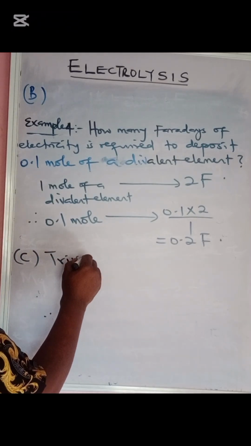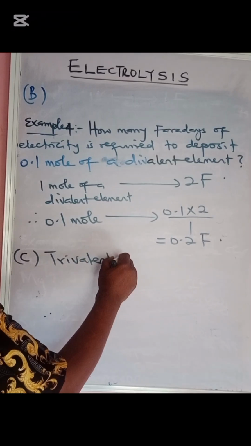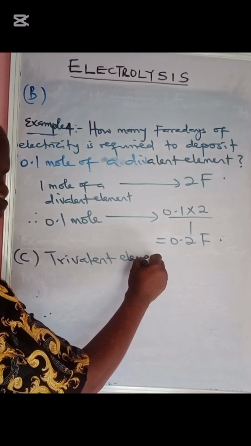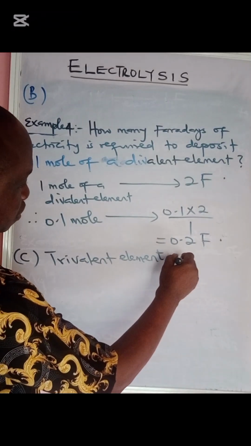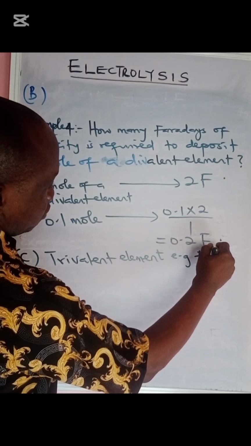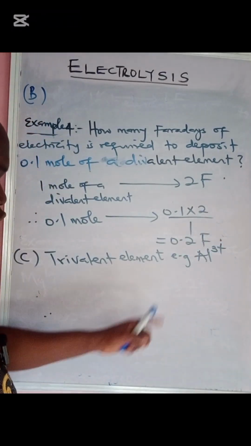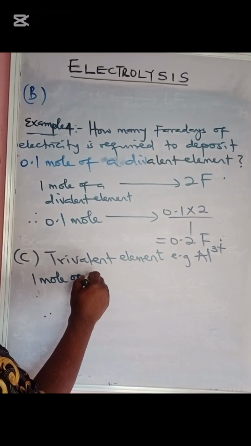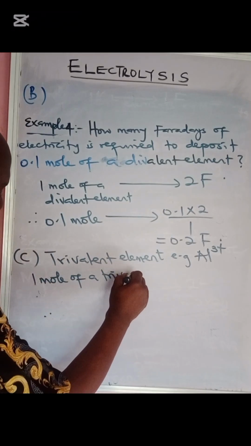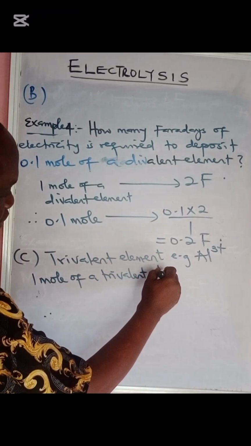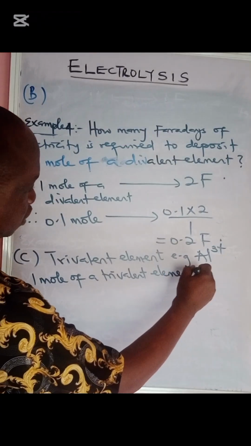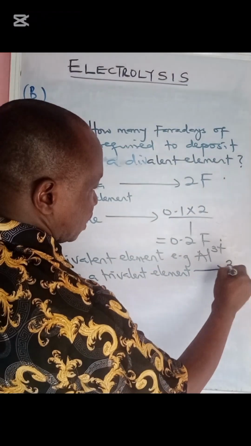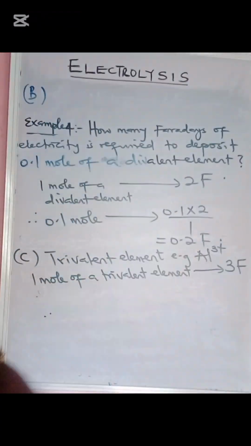Case C, we call it a trivalent element. A very good example is aluminium. Aluminium is 3 plus. So 1 mole of a trivalent element will require 3 Faraday. Please take note of that.